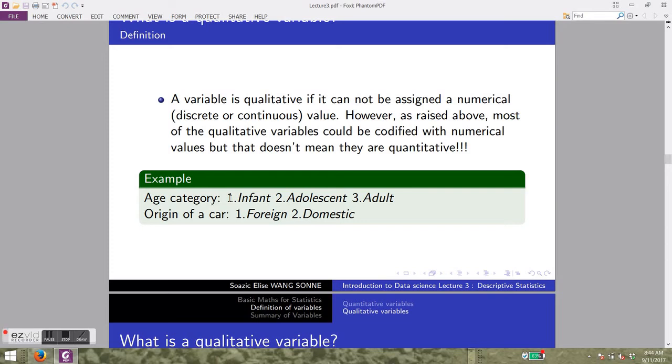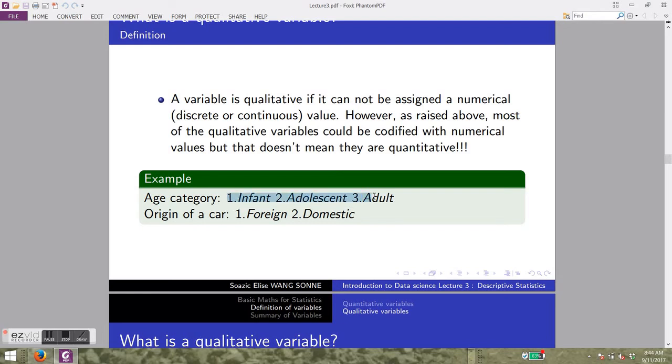So here, for instance, you have 3 different age categories: infant, adolescent, or adult. You cannot be infant and adolescent at the same time, right? So you are either an infant or an adolescent. So those are the 3 categories, for instance.